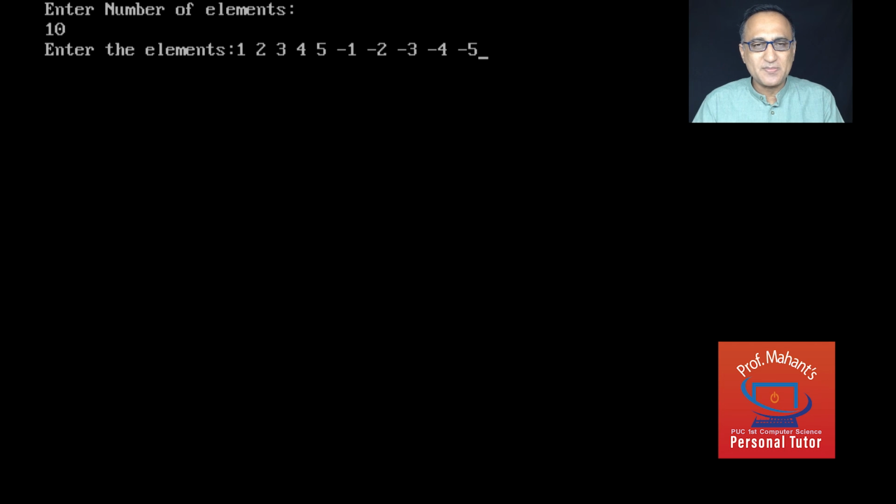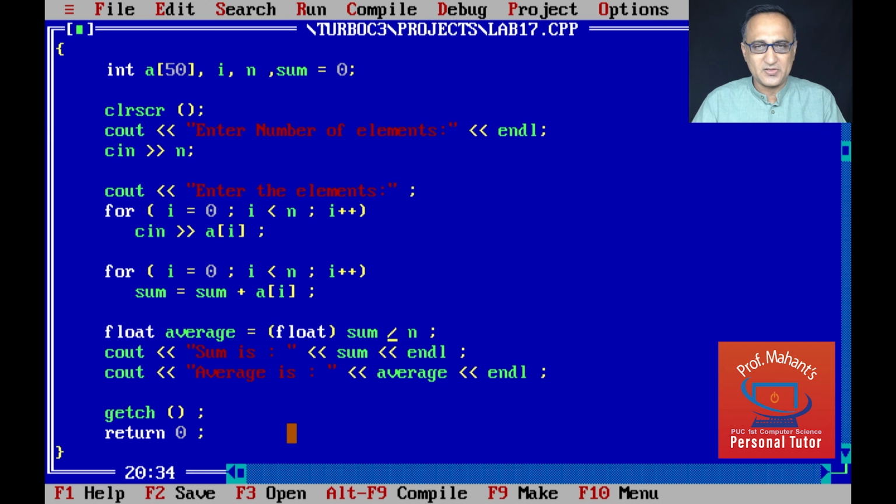What should be the sum now? The sum should be 0 because I'm adding 5 positive numbers and 5 negative numbers, divided by the total of 10 numbers, so the average should also be 0. Here it is, sum is 0, average is 0. So this is what you should be doing to test the data so that it works in every case. I hope this explanation is clear and understandable to you.